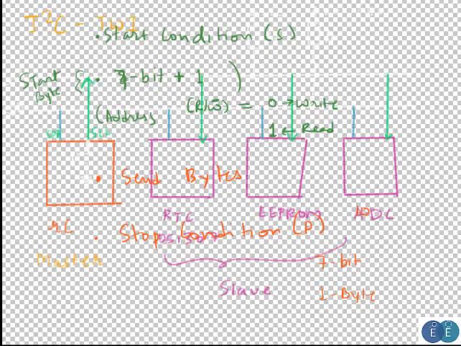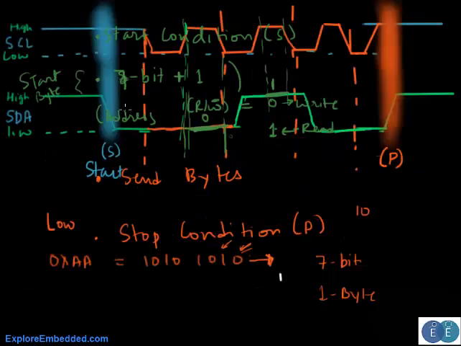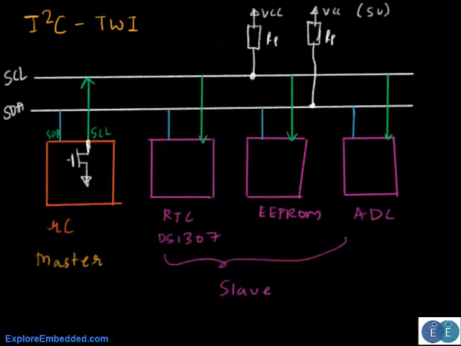If we go back to the previous slide, this is the start condition, this is the stop condition, and whenever we do a data transfer, whenever the master transmits a byte to the receiver, there is an acknowledgement back from the receiver.